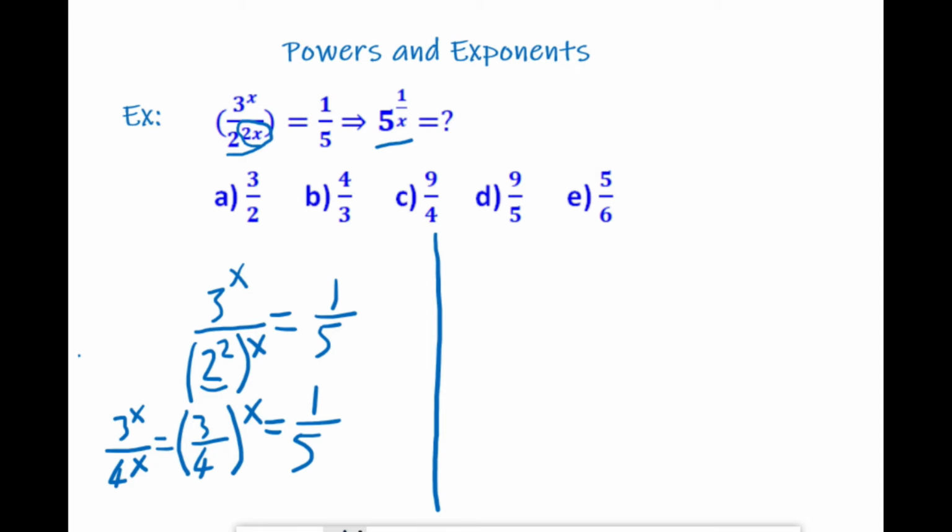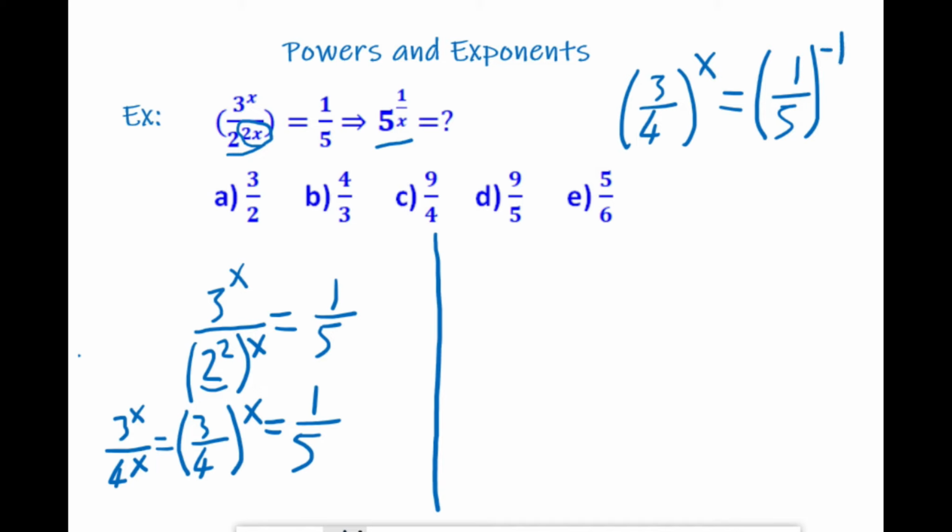Let me write it here. 3 divided by 4 to the power of x is equal to 1 divided by 5, and here if you take the negative 1 power of both sides, we're going to have 4 divided by 3 to the power of x is equal to 5.